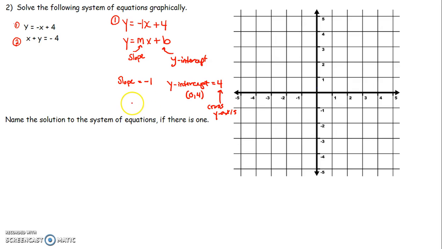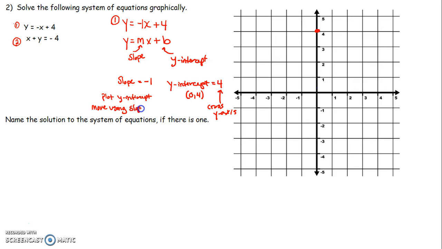Okay, so step 1 in graphing, we need to plot the y-intercept. So 0, 1, 2, 3, 4. There we go, I've just plotted the y-intercept. Once you plot the y-intercept, you move using slope.